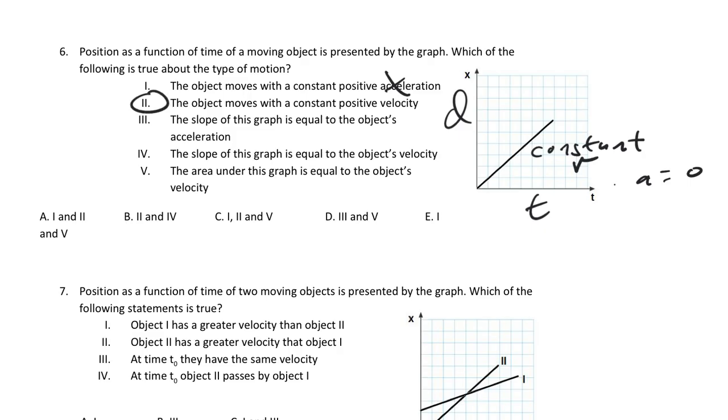Okay, that's it. No, it has to do, is equal to its velocity. Yes. No, we don't do area under curves for D versus T graphs. So it's just 2 and 4.